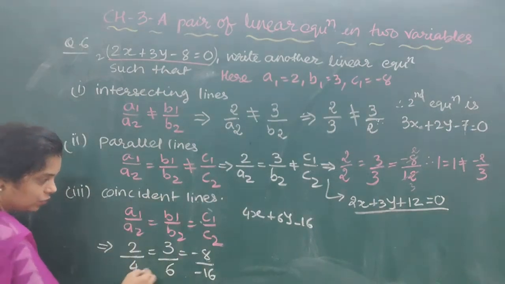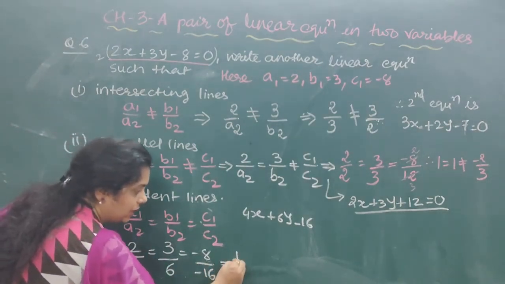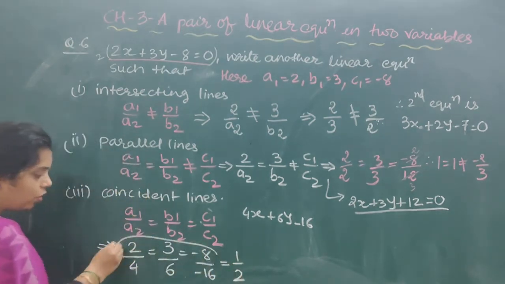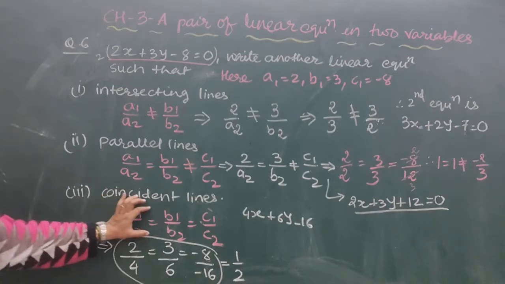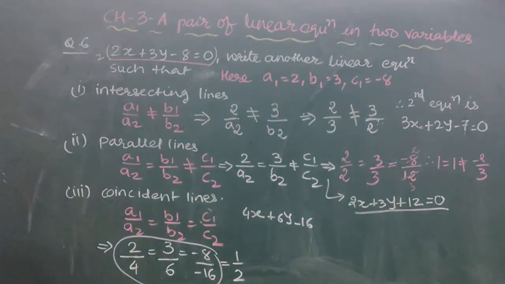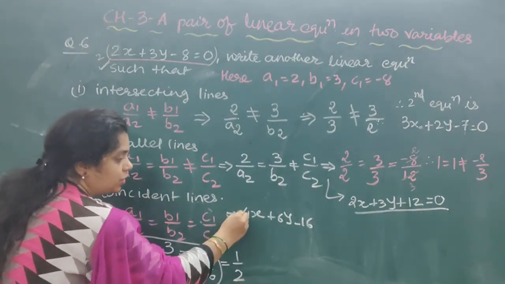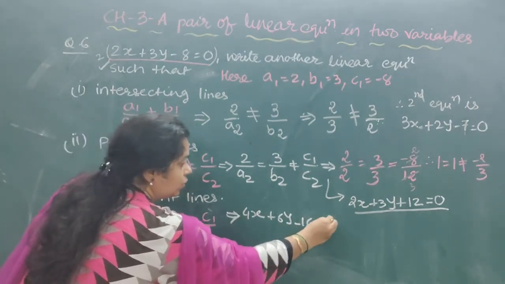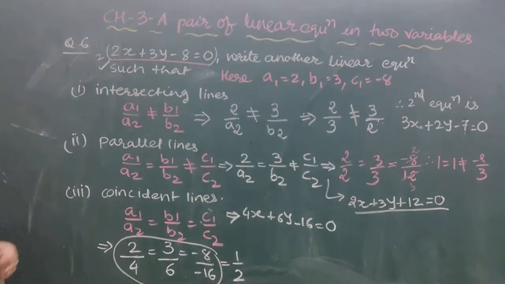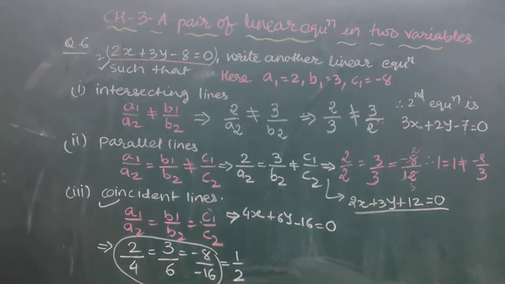And if I cancel out the common factors, I will finally get 1 by 2 for all these ratios. It means A1 by A2, B1 by B2, C1 by C2, the ratios are the same. And therefore, the other equation is 4x plus 6y minus 16 is 0, by which we can get coincident lines.